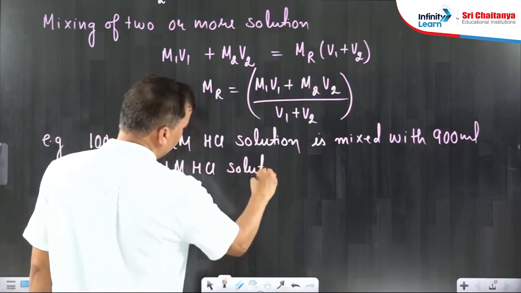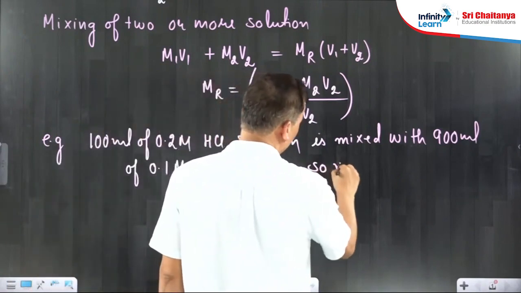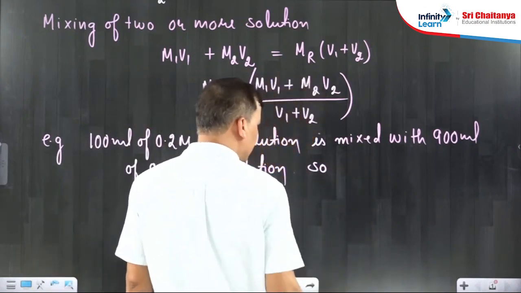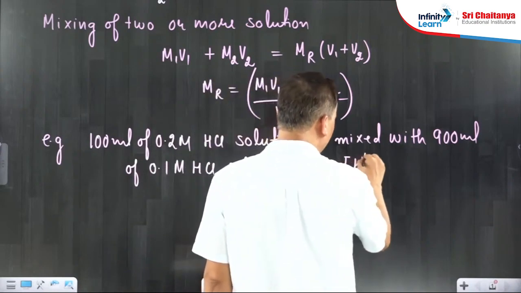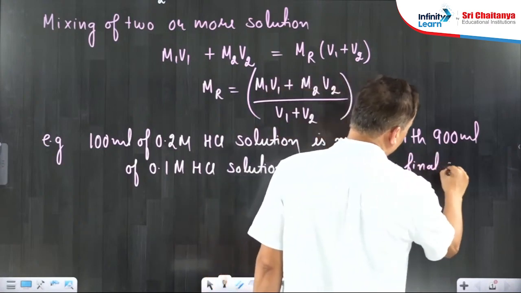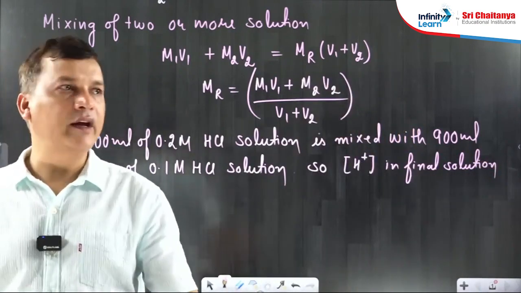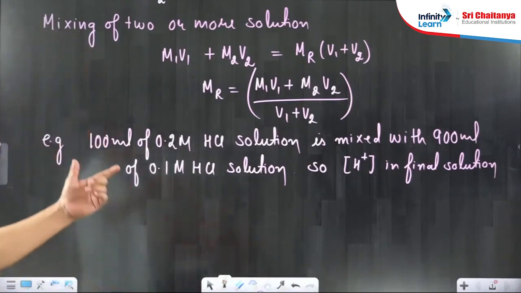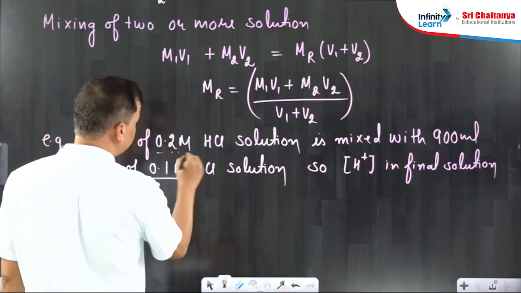So what will be the molarity of the resulting solution? Or instead of molarity you can say, what will be the molar concentration of H positive in the final solution? We have two solutions, one having molarity 0.2 and the second having molarity 0.1.